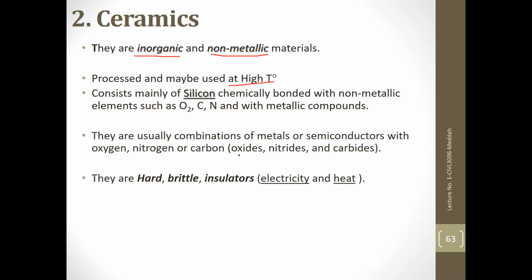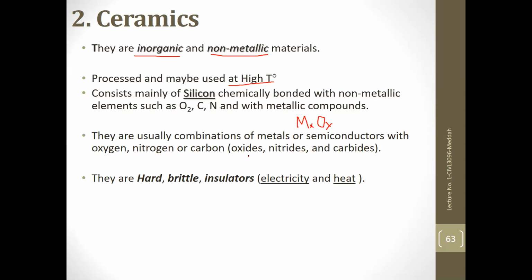So this is what I told you. It's usually a combination with metals. To form a ceramic, you need a metal M, let's say, and or semiconductors like silicon, with oxygen, or in some cases nitrogen or carbon.